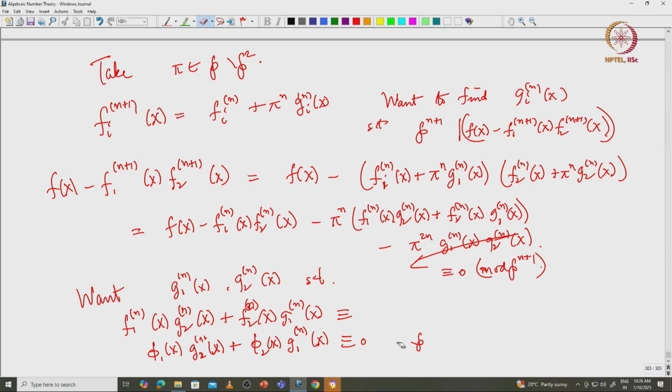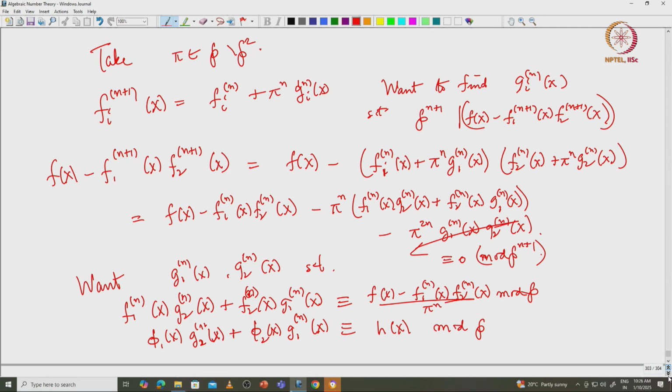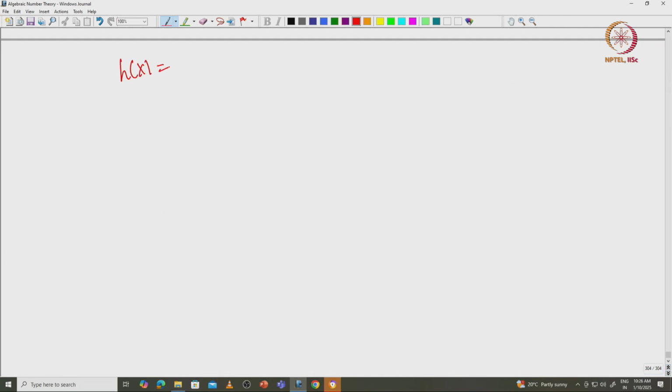What I want is f of x minus f1 n x f2 n x divided by pi to the n mod p, and let me call this h of x mod p. I will write what h of x is on the next page. So, h of x is f of x minus f1 n x f2 n x by pi to the n.